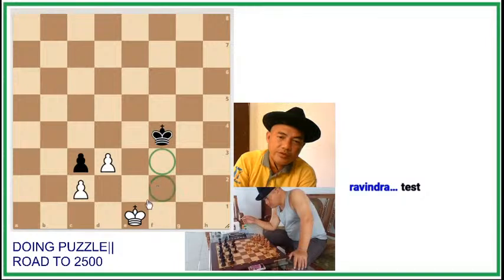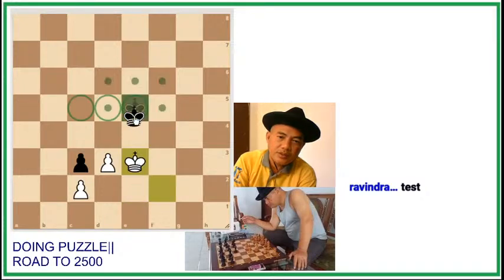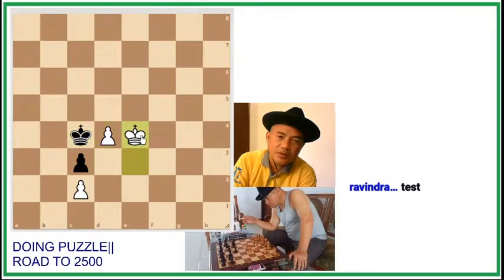This is the key square. If white is to move, then white can move like this to get the key square and then keep the opposition. And then it is white to move, because this pawn will get to the promotion square.